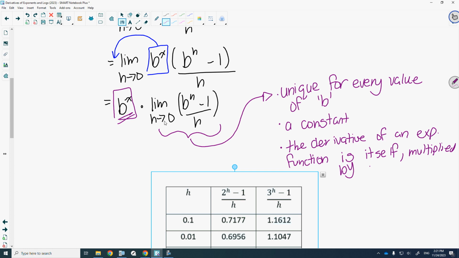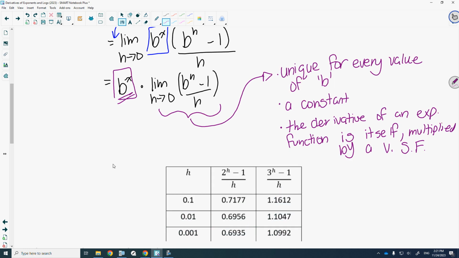So multiplied by a vertical stretch factor. Okay, so this value is going to change for every value of b. So I'm going to show you a couple different examples, and then I'm going to show you how we're going to simplify everything.